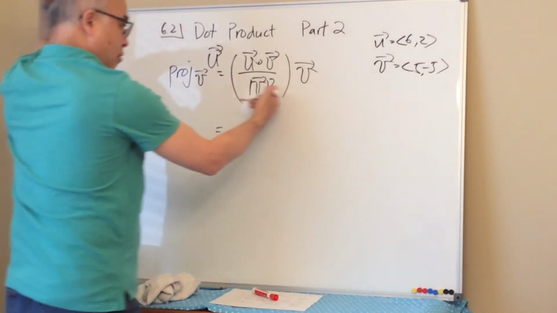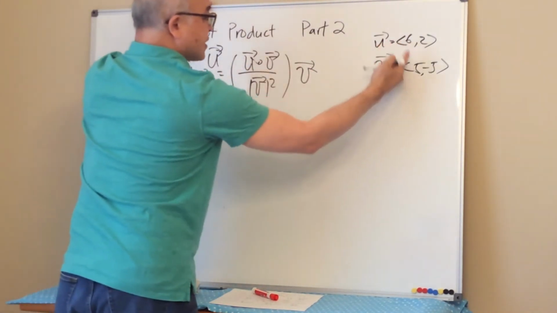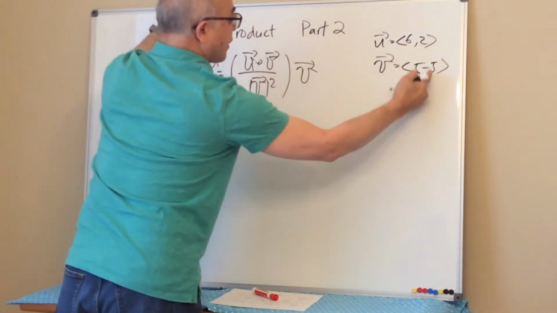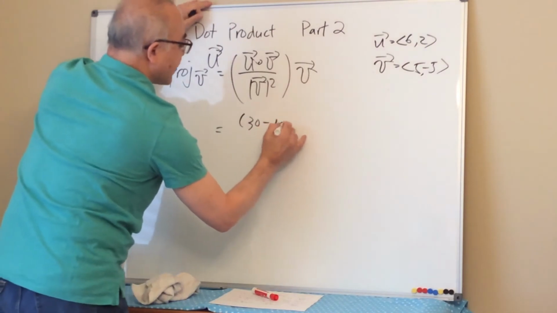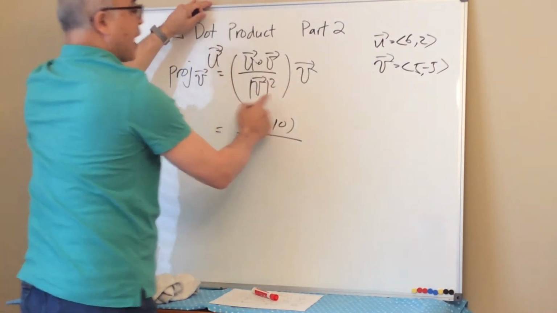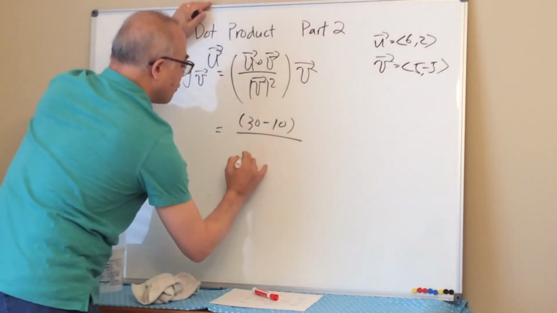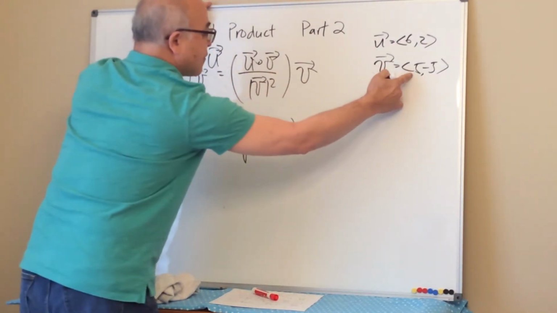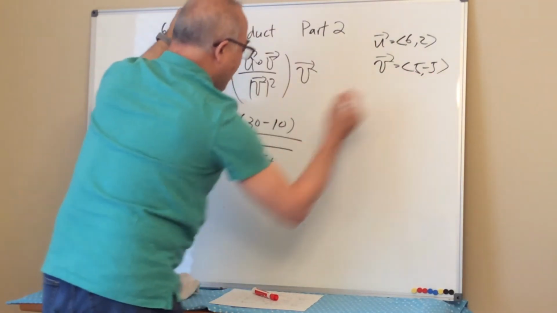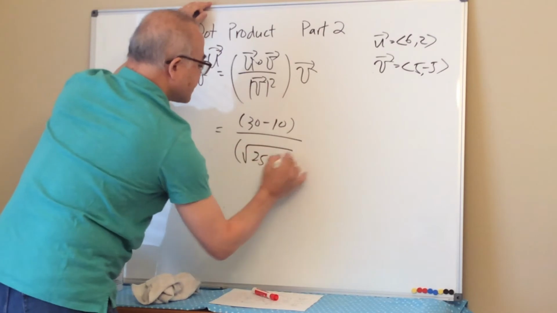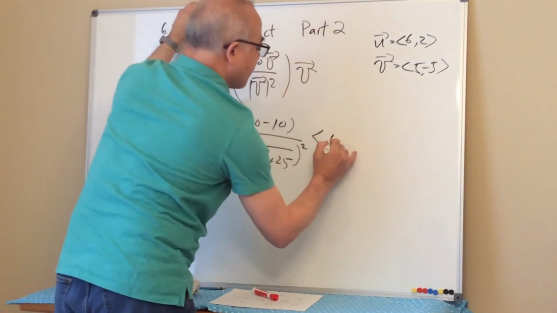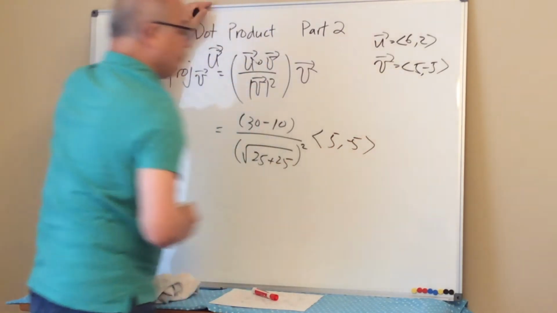Okay, so the dot product is 6 times 5 is 30. 2 times negative 5 is negative 10. The magnitude of v would have been what? Square root of 5 squared plus negative 5 squared. But it's this guy squared, right? And then I'm going to have the v vector itself, 5, negative 5.